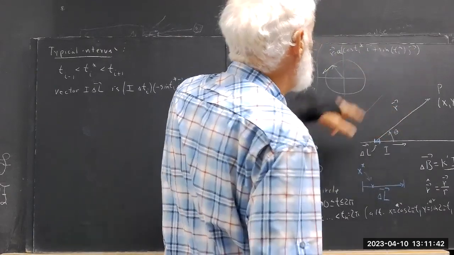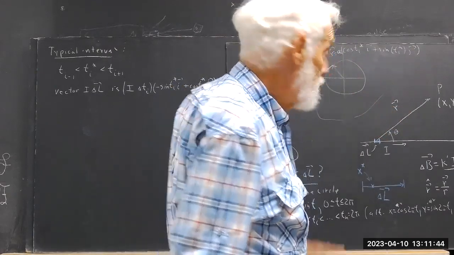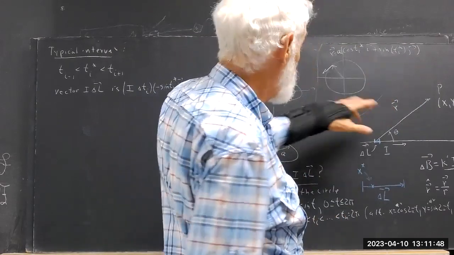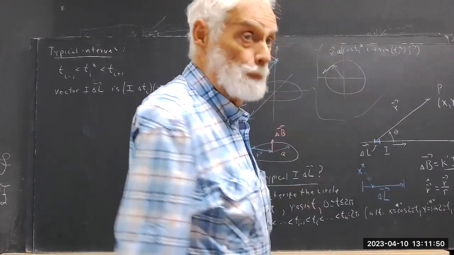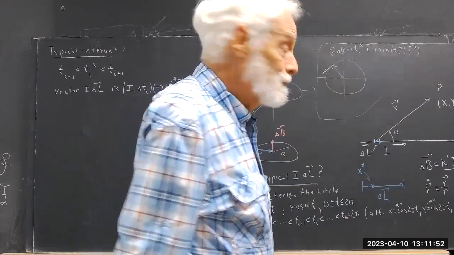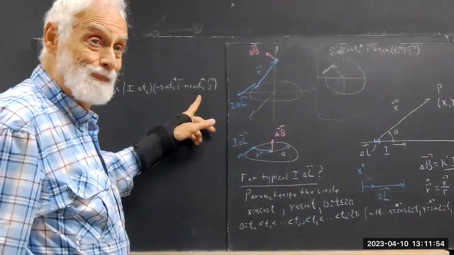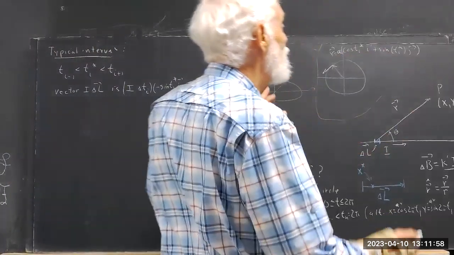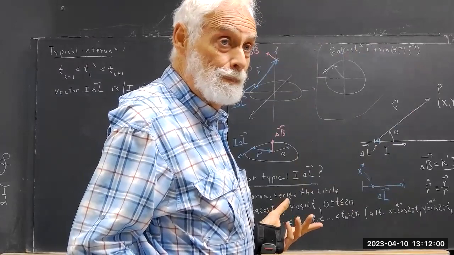You're going around counterclockwise. This vector is going to be orthogonal to this vector, which means you're going to have a negative reciprocal slope, which is exactly what you get when you do this. You just take your x and y coordinates, reverse them, and make one of them negative.